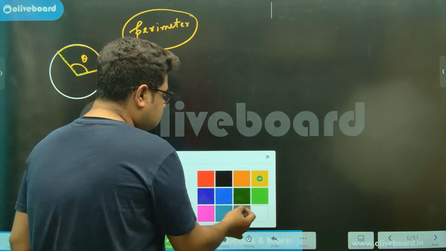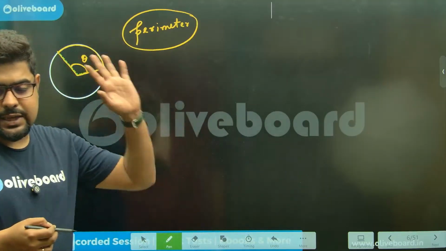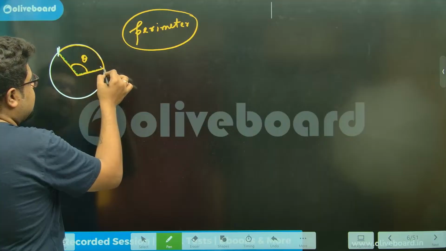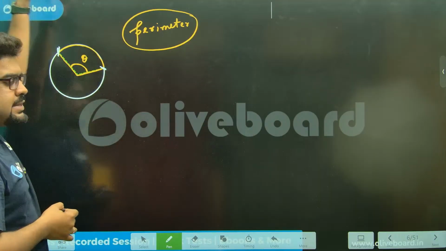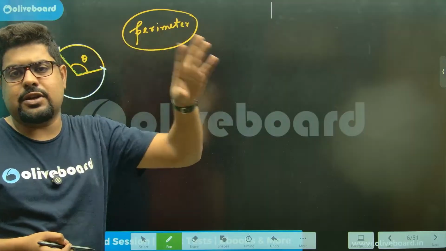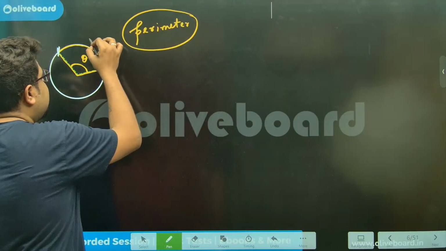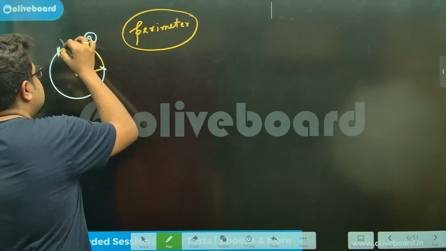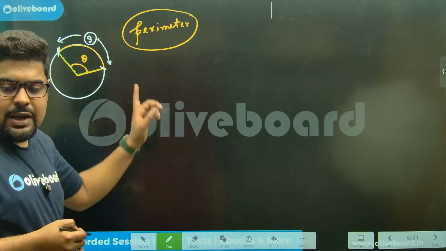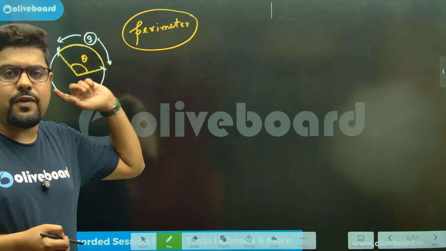You see how you need to think. Using the S equal to R theta formula or theta by 360 into 2 pi r formula, depending on whether theta is given in degrees or radians, you can find the value of this S. I've just given you the formulas.